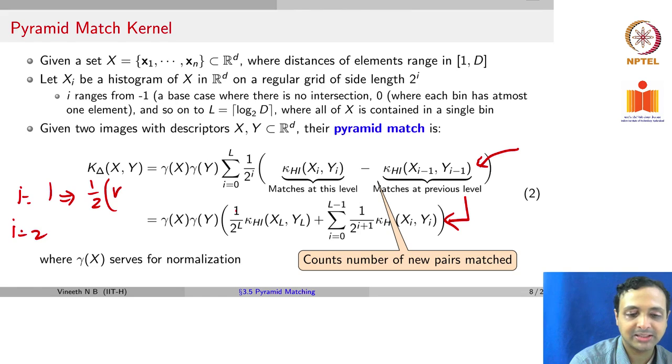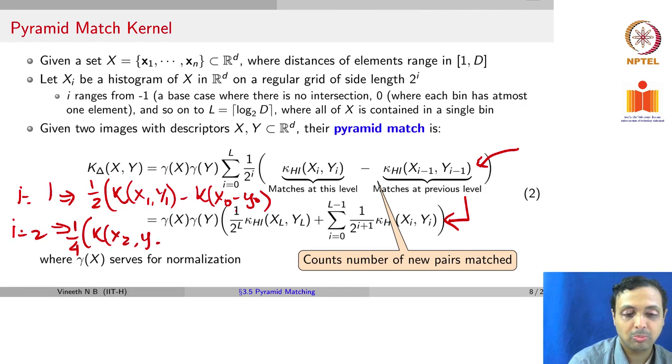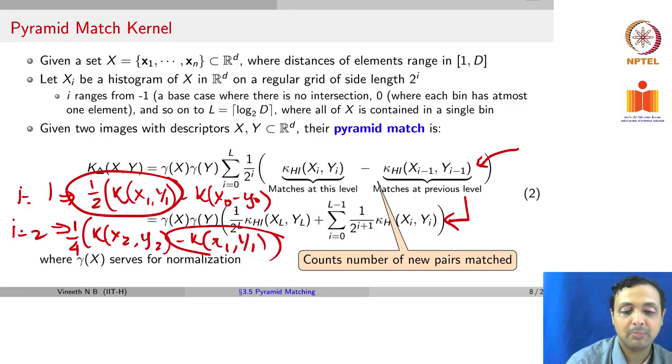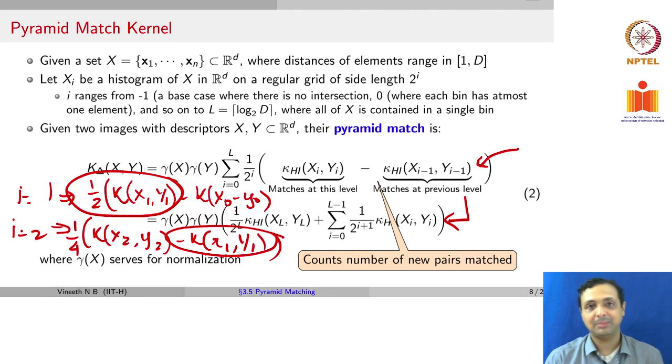If you take I equal to 1 and I equal to 2, for simplicity, we're just going to write it as: at I equal to 1, 1 by 2 into kappa x1 y1 minus kappa x0 y0, and at I equal to 2, you're going to have 1 by 4 kappa x2 y2 minus kappa x1 y1. So this half into kappa x1 y1 and quarter into kappa x1 y1 will get subtracted, and you'll be left with quarter into kappa x1 y1, and that's what you're writing out here.